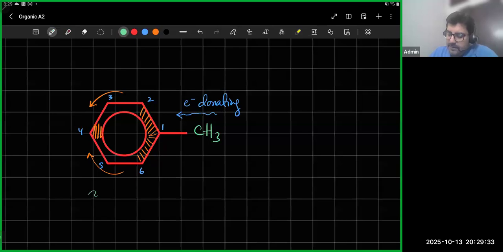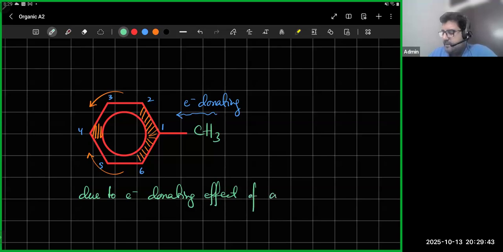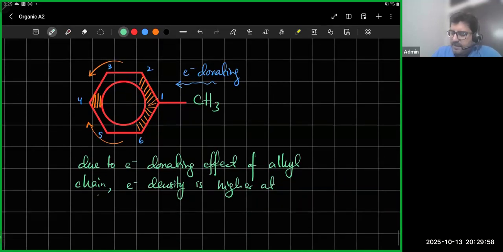So due to the electron donating effect of alkyl chains, the electron density is higher at positions 2, 4, and 6.